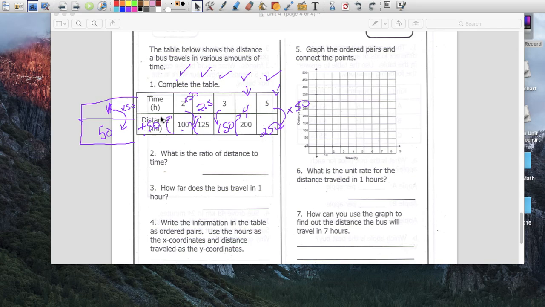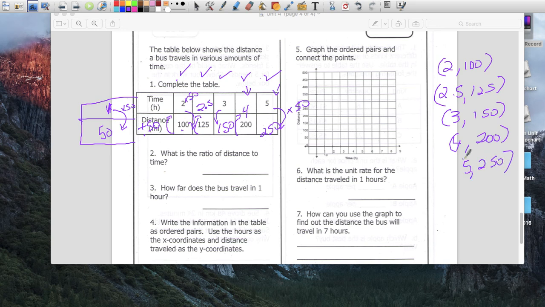I think I know what they want. Order pair, hours and miles. So let's start with this one. You get 2, comma 100. So that's the first one. Second one is 2.5, comma 125. Third one is 3, 150. Fourth one is 4 and 200. And the fifth one is 5 and 250.